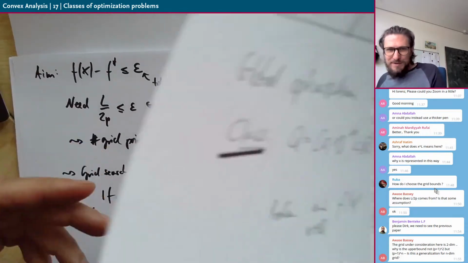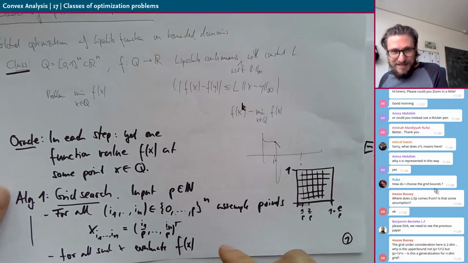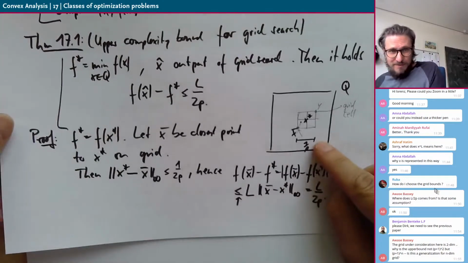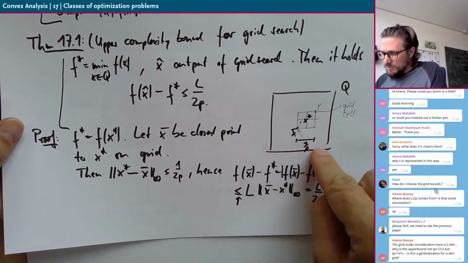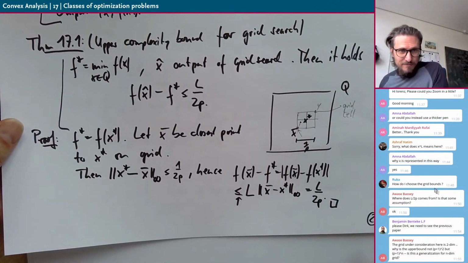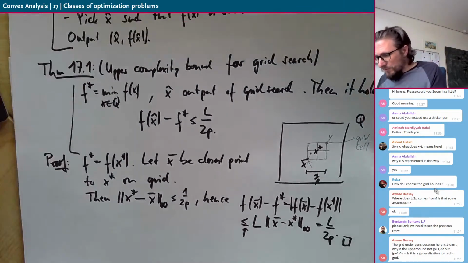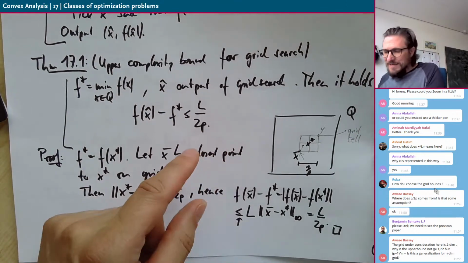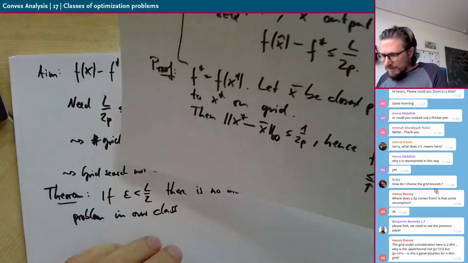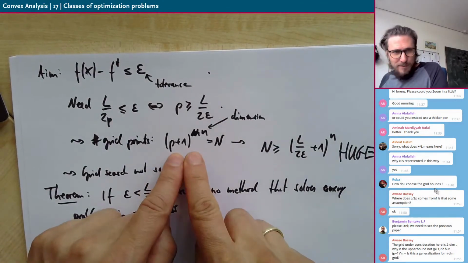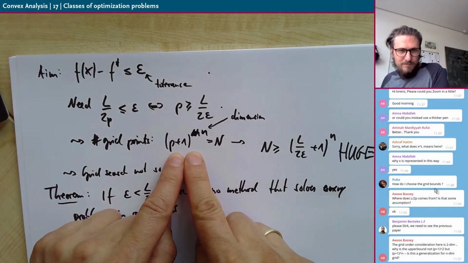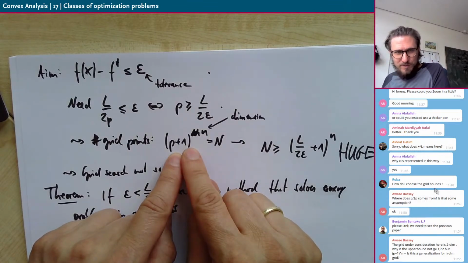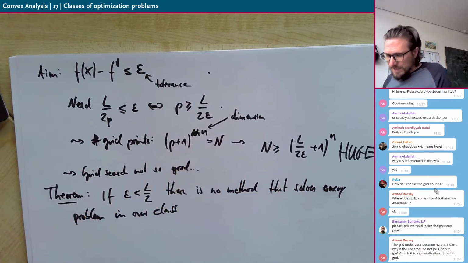The only thing which was 2-dimensional was my picture. Everything I did works in n dimensions actually. This also works in n dimensions. You have to just consider this situation here in all of the n dimensions. So the proof works from the beginning in n dimensions. You just don't see it here because n doesn't appear in the statement. The n only enters when I calculate the number of grid points here. And as you said, correctly, in the picture the number of grid points is p plus 1 to the 2, and here it's p plus 1 to the n.